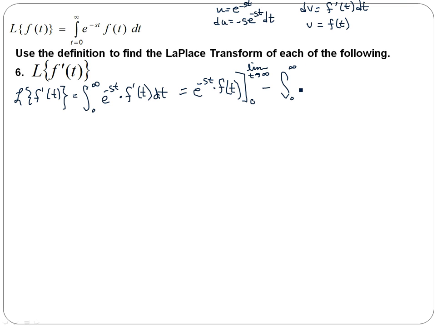Limits go from 0 to infinity, and v du gives me f of t times negative s, I'm going to bring that negative out front so it becomes a plus, s e to the negative st dt.